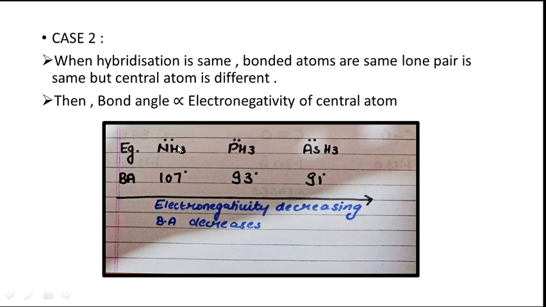Bonded atoms, hydrogen, are the same in all cases, and the lone pairs are also the same. But as you know, from top to bottom in a group, size increases and electronegativity decreases. And if electronegativity decreases, then the bond angle will also decrease.